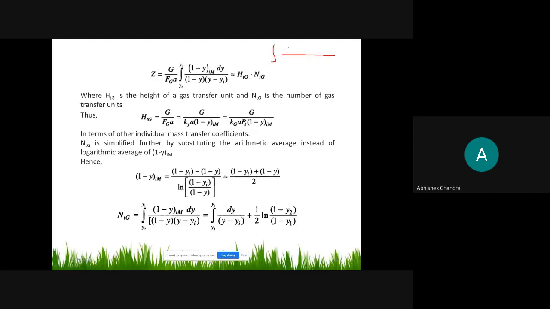So this is 1 minus yi plus 1 minus y, a 2 will come, I will take the 2 outside, and in the denominator this whole thing is dy, and 1 minus y, and y minus yi.